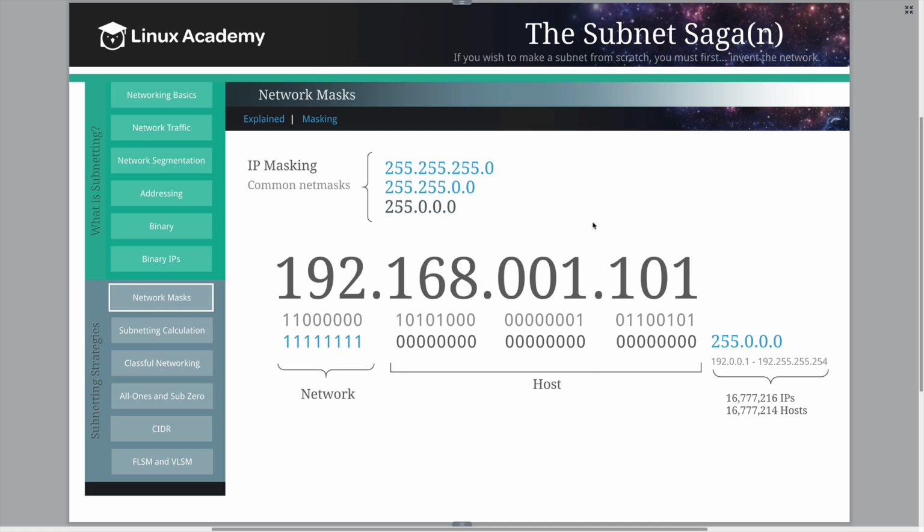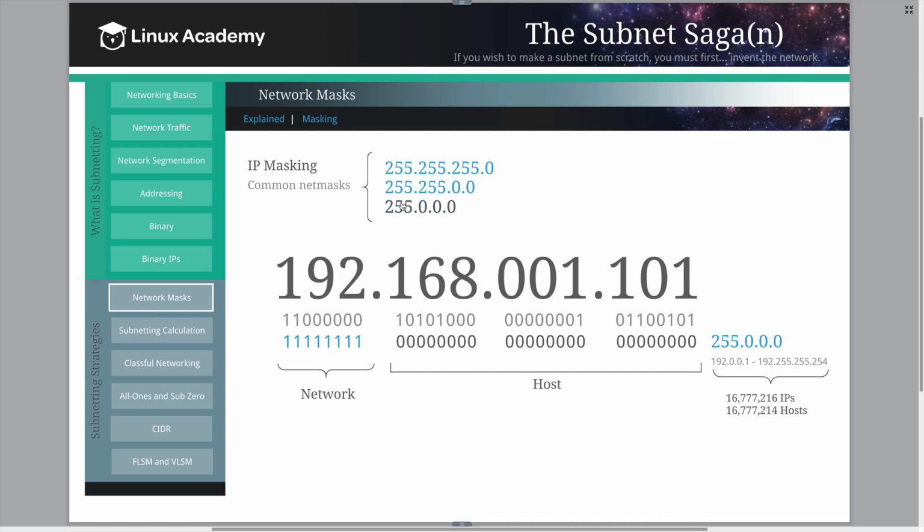Now, there's a reason I have chosen the 255.255.255.0, 255.255.0.0, and 255.0.0.0 as my common net masks. These are the net masks of Class A, B, and C networks, which is something we'll cover in classful networking, and something you still see with some frequency. The thing to remember is the smaller the network portion, the less room for more networks that you have.